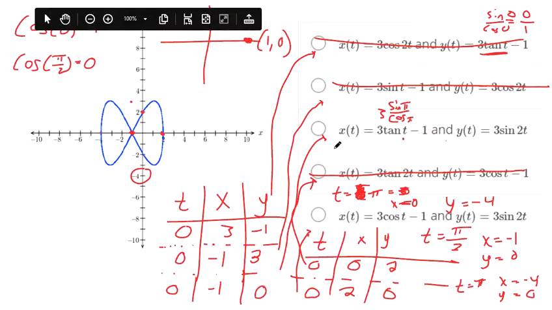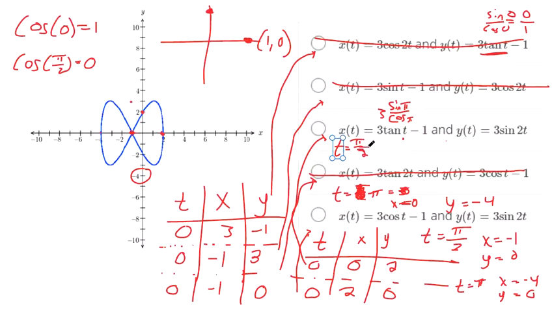This one, let's try plugging in t equals pi over 2. That's a known trig value. Sorry, we already did pi over 2. Pi over 4. Because we know sine of pi over 4 is square root of 2 over 2. We know cosine pi over 4 is square root of 2 over 2. So tangent pi over 4 is just going to be 1. So that's 3 times 1 makes 3. 3 minus 1 makes 2.